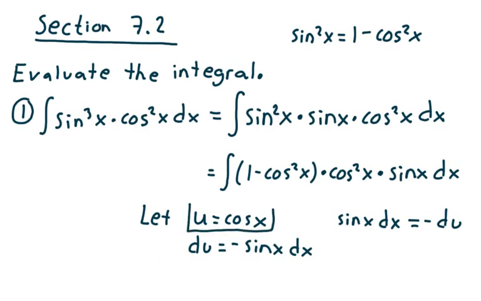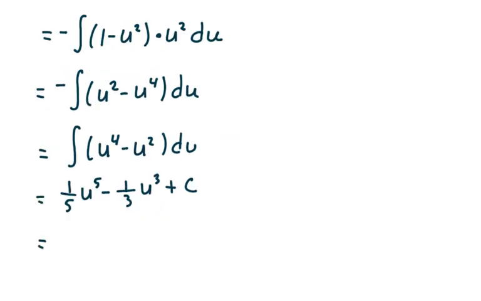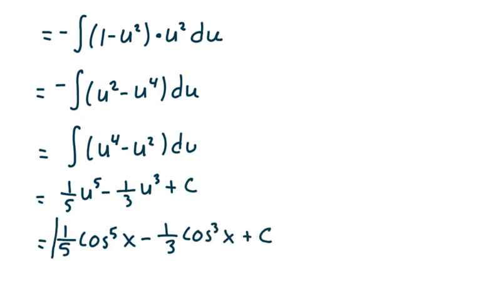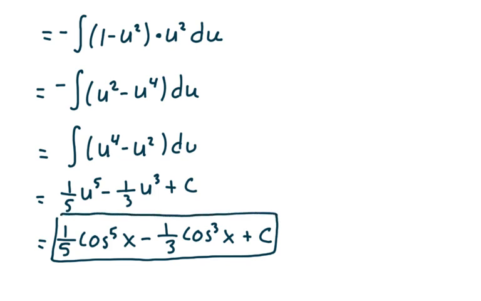U is cosine of x. So from here, we can say 1/5 cosine to the fifth x minus 1/3 cosine cubed x plus c. And that's how we do problem number 1.